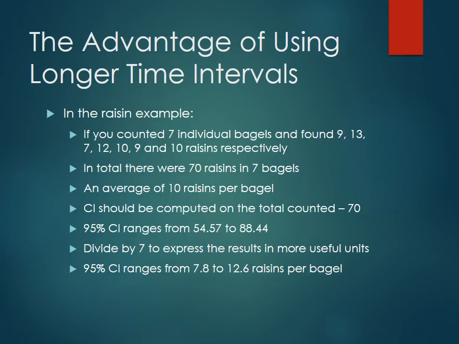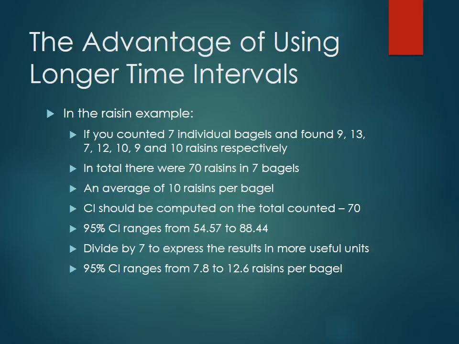So again, with the advantage of using longer time intervals, let's say we're going back to our raisins and our bagels. Let's say you count 7 individual bagels, and you find a range anywhere between 9, 13, 7, 12, whatever it happens to be. So in total, instead of just going off the original nine raisins, by looking at raisins in 7 bagels, you have an average of 10 raisins per bagel.